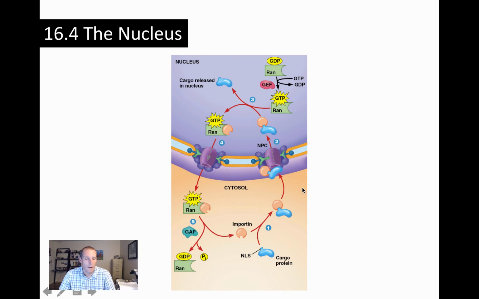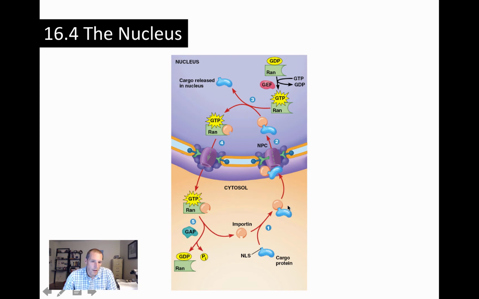So how does this nuclear localization signal work? It's a multi-step process, looks kind of complicated, but we can look at it in terms of 3 or 4 main steps. The first thing that's going to happen is that a cytoplasmic protein down here with a nuclear localization signal is recognized by a receptor called an importin protein, and that importin binds to the nuclear localization signal of the protein that's going to be imported.